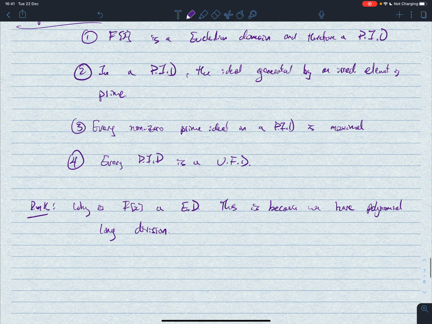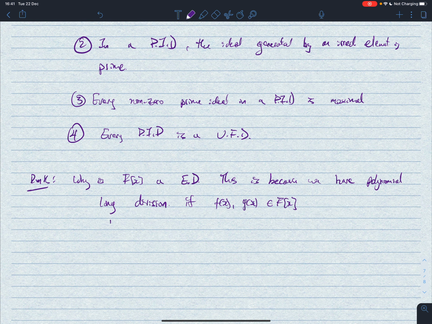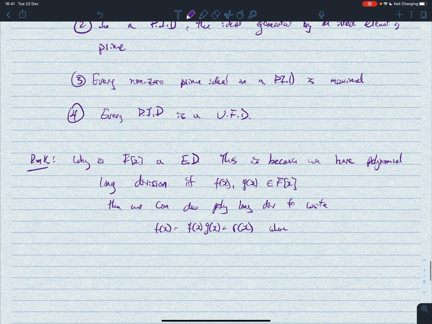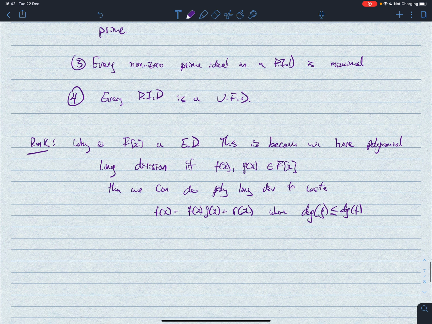What does this mean? So if I have f(x), g(x) elements in here, then we can do polynomial long division to write f(x) equals q(x) g(x) plus r(x), where, assuming that the degree of g is less than or equal to the degree of f, the degree of r is strictly less than the degree of g.